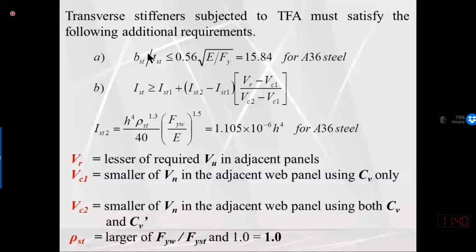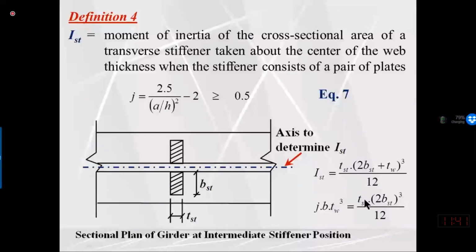So if I am fixing the b over t value as 15.84, then bst will be equal to 15.84 times the thickness of the stiffener. By solving this equation and this equation simultaneously, we can compute the b and t values of the stiffener.